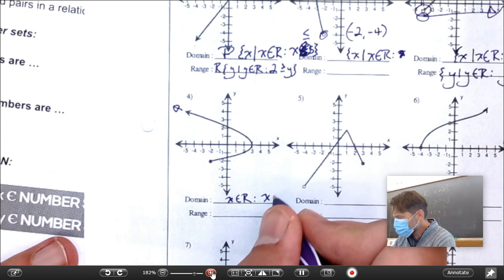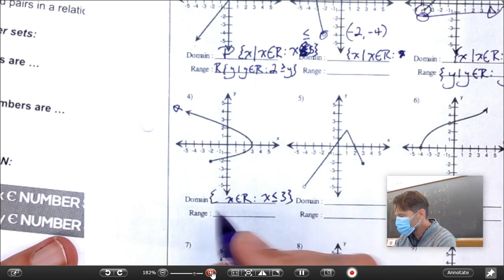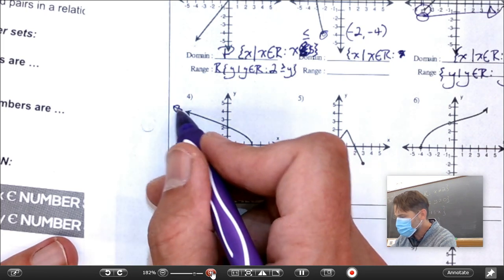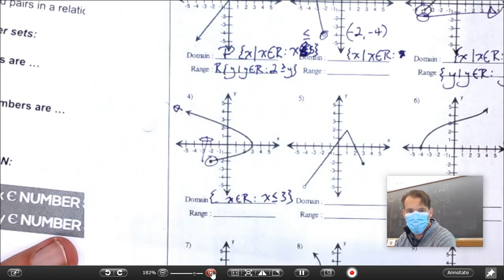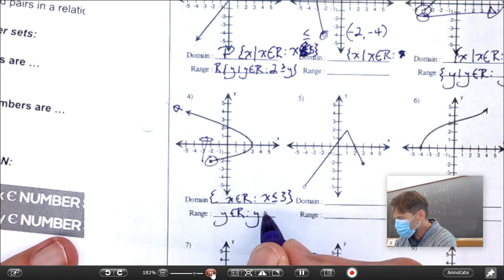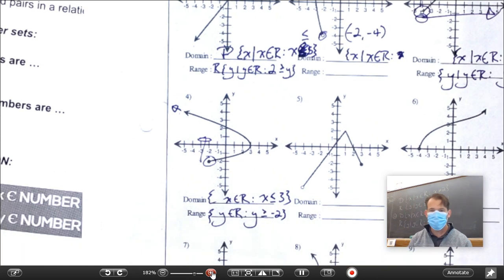X is less than or equal to 3. That would be my domain statement. My range would be similar, but it would start at 2 and go up, because this arrow is going up to infinity in the y as well as in the x. So there I would say y is of the reals, and y is greater than or equal to -2.